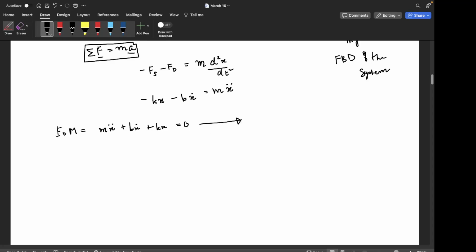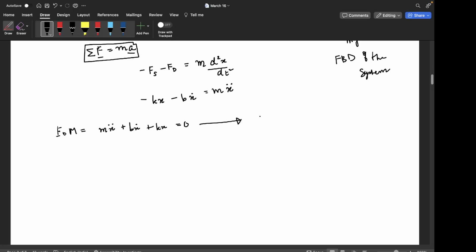Firstly, since derivatives are involved here, this is a differential equation, right? Second thing, the highest order of differentiation involved here is 2, right? Order is 2, the highest order. So this is a second order differential equation.